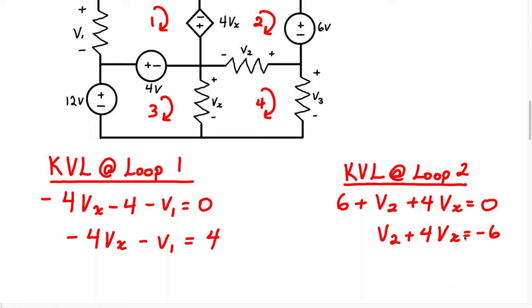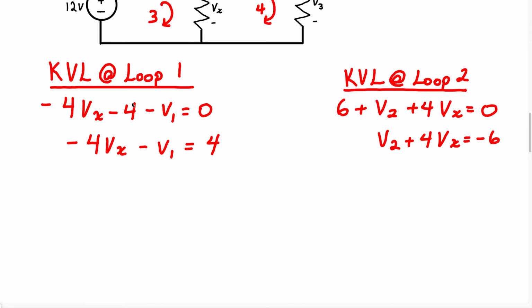So sometimes this is how it's going to be, right? You can write out different loop equations, but you just have to keep going until you have something you can work with. I'm going to write a KVL loop for loop 3. I'm going to say KVL at loop 3.